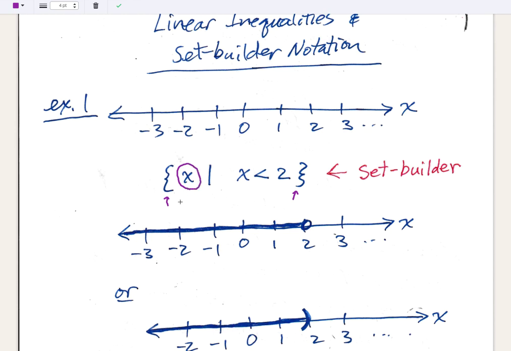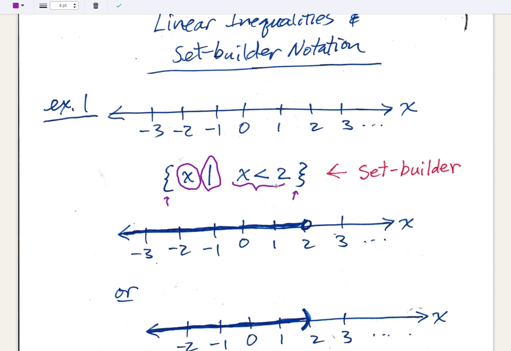So we'll say the set of all real x, and this little symbol going straight up, sometimes people will use a colon for that, but that's just a vertical line. That means such that. And then you have a description here. So what set builder notation does is give you a set of elements by describing that set somehow.